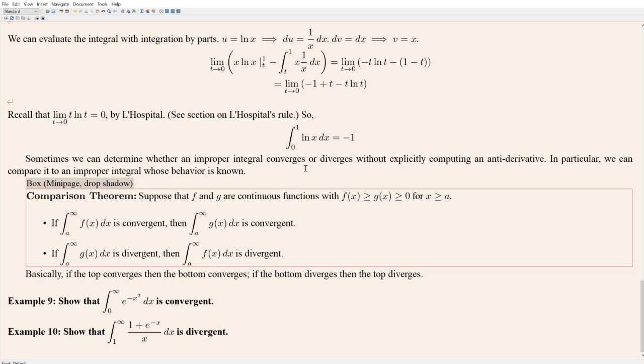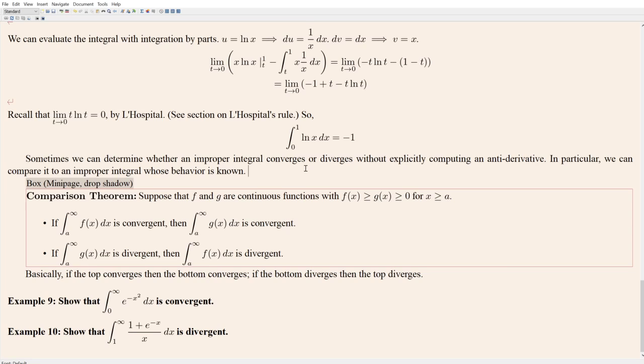If we can compare the integral that we've been given to another integral whose behavior is well known, then we might be able to conclude that an integral converges or diverges without having to actually compute the antiderivative.